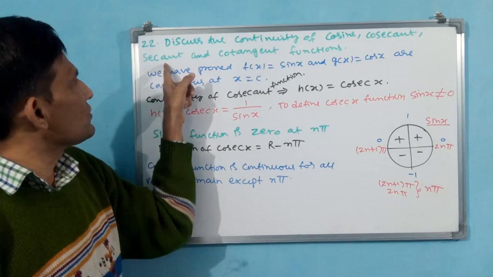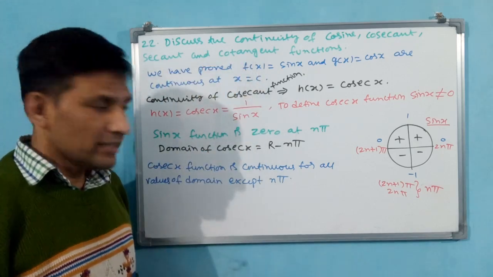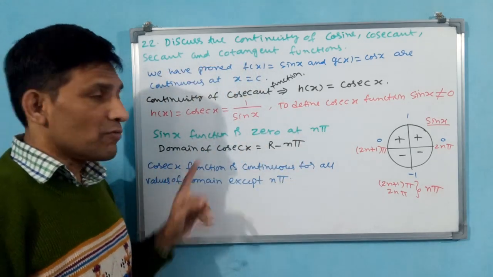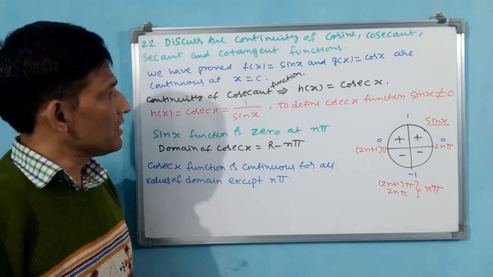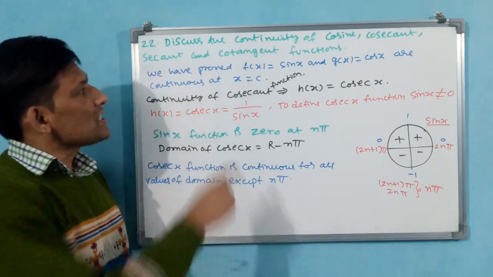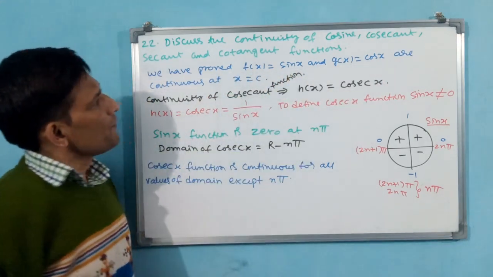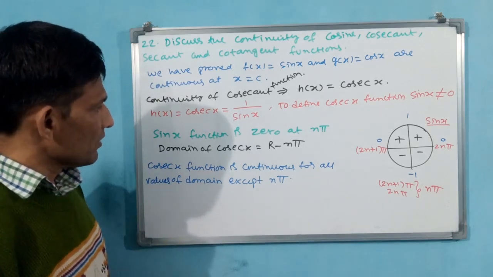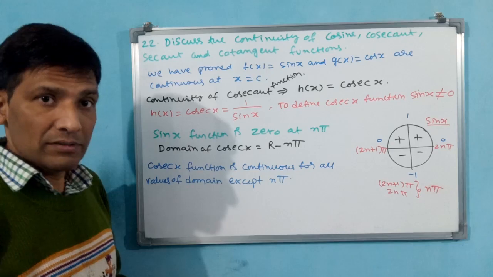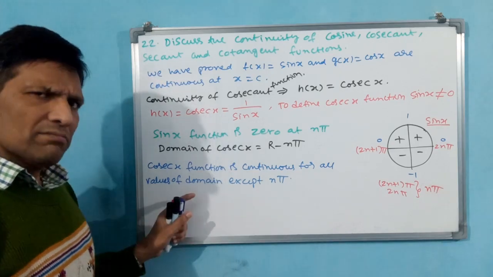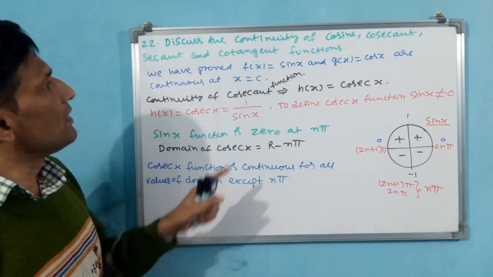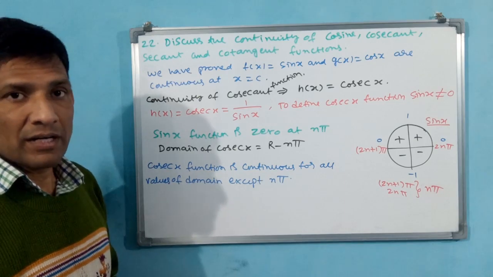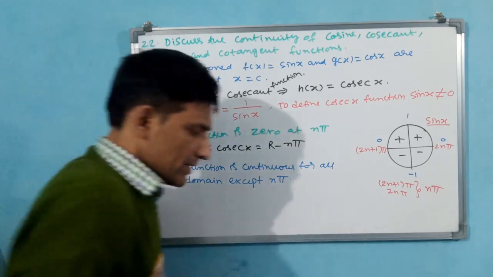Like this, again we are going to see secant x and cotangent x. First you note down this. We will go for secant x also. The precondition is that sin x and cos x we have proved continuous at x is equal to c. Let us go to secant x.